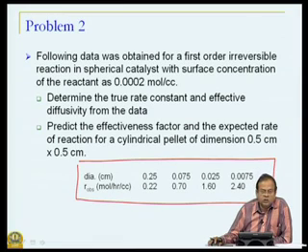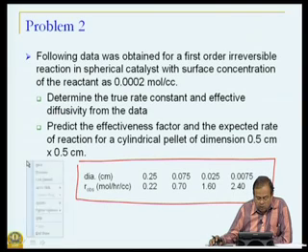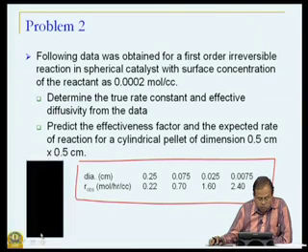So, based on this, can we get information about the true kinetics of the process and the estimate of diffusion coefficient, which we saw is a modified or effective diffusion coefficient because of this factor? So, let us see how we go about doing this.